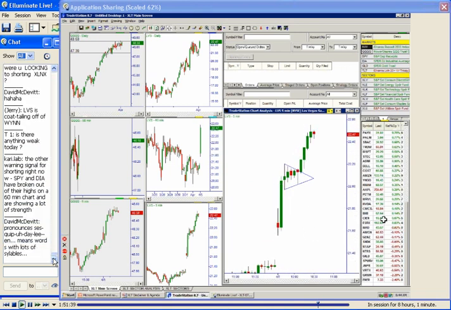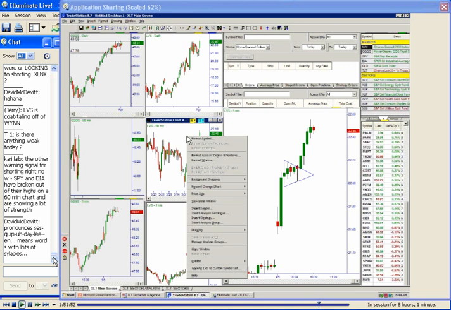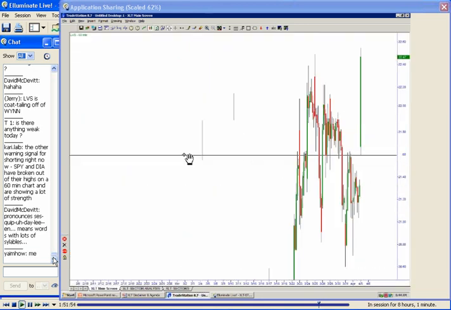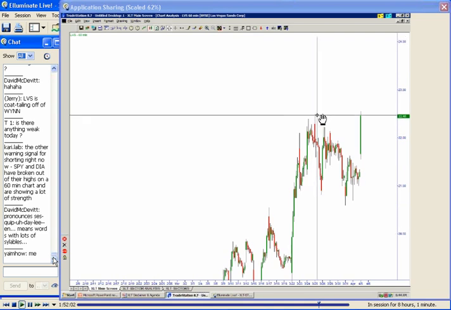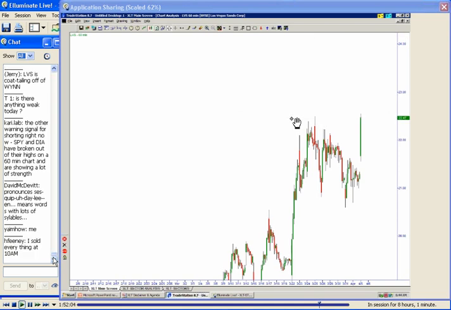Okay, so there we are right there. Now, yeah, Jerry, let's see. Is anyone else in LVS right now? Okay. How are you doing? Are you long or short? Because you've gone through your supply zone from over here.